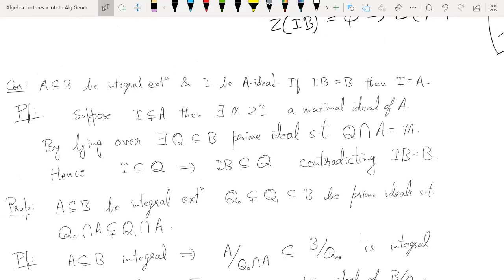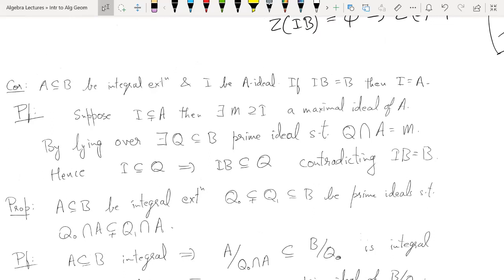So let A contained in B be an integral extension and I be an ideal of A. Then if IB equals B, then I equals A. Suppose I is a proper ideal of A. This is a direct consequence of lying over.